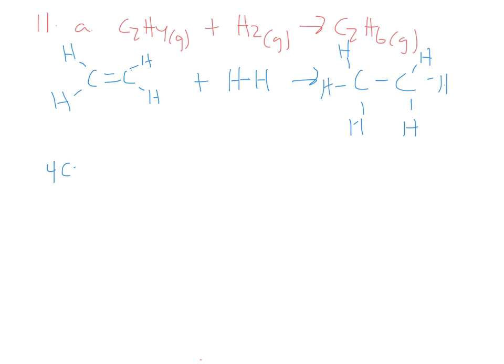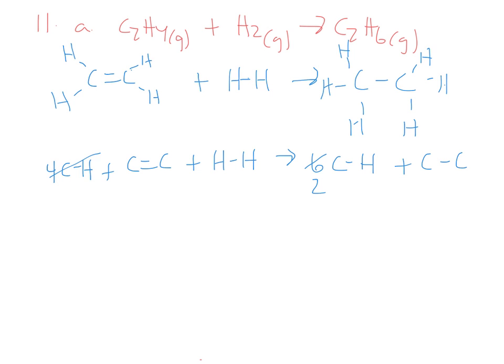So if I look at this, on my reactant side, I have 4 CH single bonds, plus a carbon-carbon double bond, plus a hydrogen single bond. And on the product side, I have 6 carbon-hydrogen single bonds and a carbon-carbon single bond. So I'm going to reduce this to just 2 carbon-hydrogen bonds on the product side. That's the net difference.